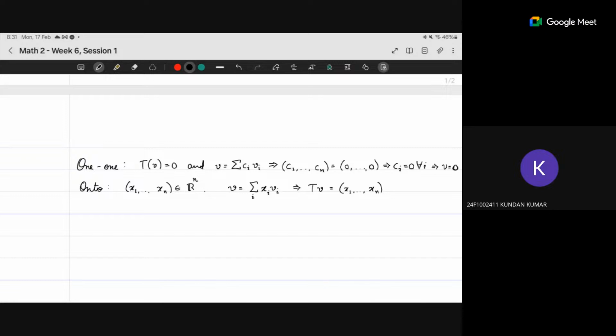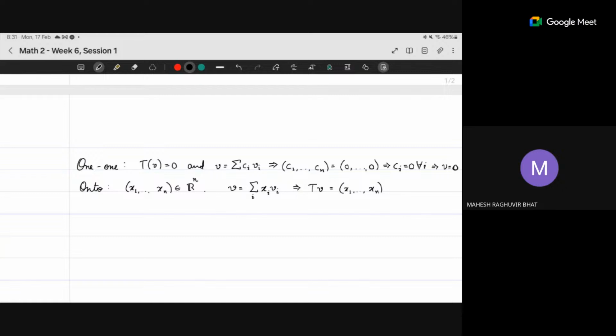This is what you have to prove. And to do that, we take an arbitrary vector which is written as summation Civi and map it to zero and conclude that each of the coefficients has to be zero. So there's no way any other vector can be mapped to zero. So that's 1-1 and that is done.